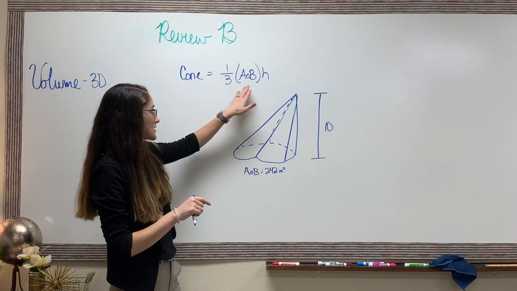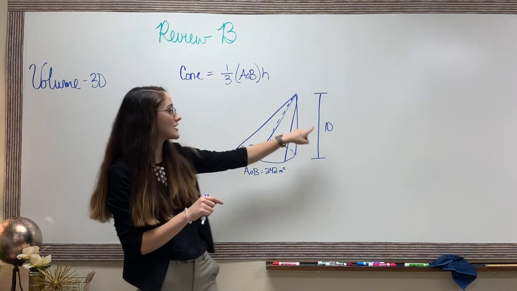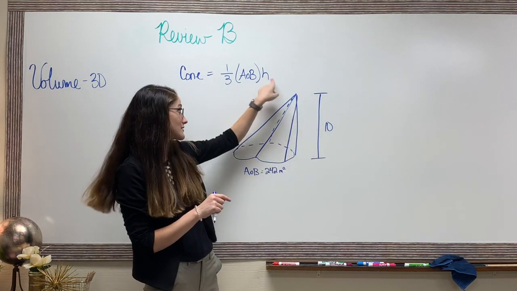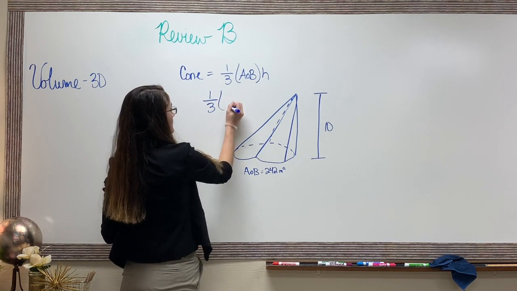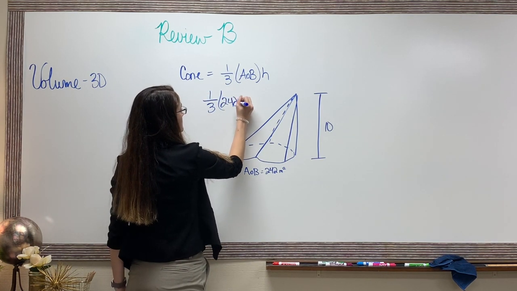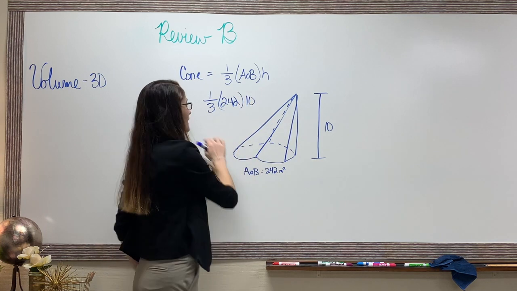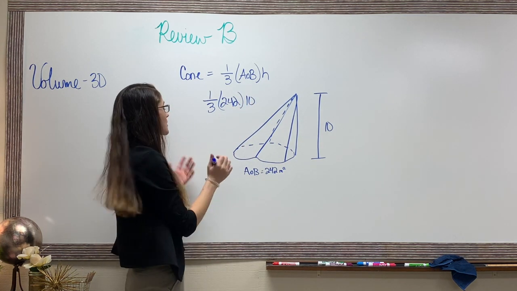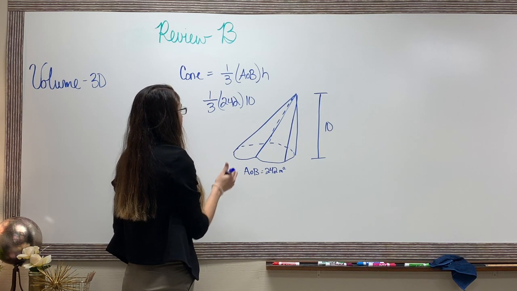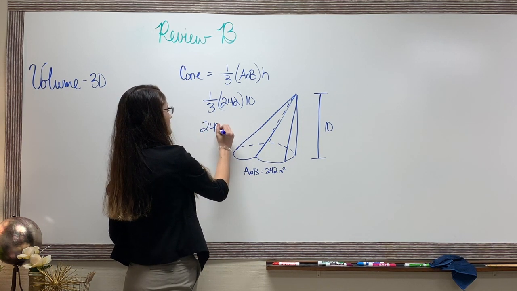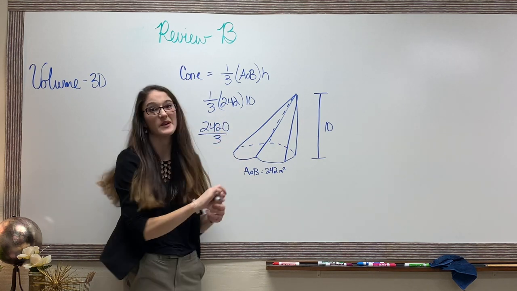And so all we're going to do is plug this in here, and it tells us that our height is 10. So we'll plug that in there, and then we'll just solve. And that is all there is to it. So we multiply this out, and I'm going to use my calculator for this part.